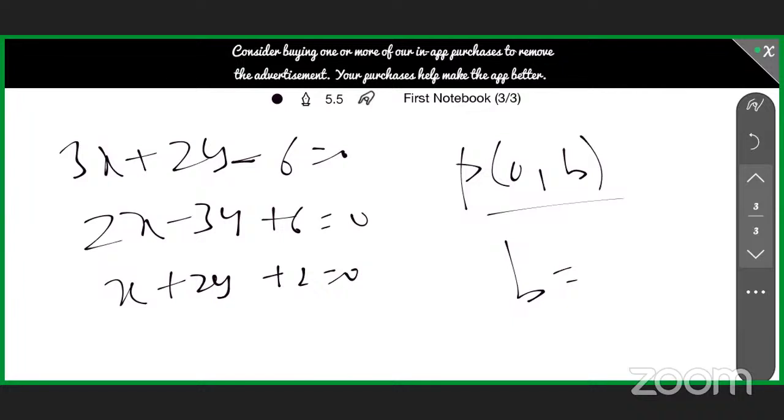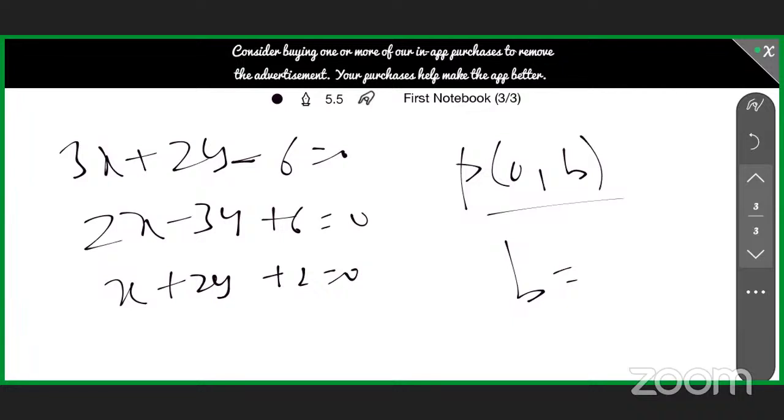One point P (0, B), but it's on the y-axis. So what values can it take? Means the range of B will be how much? So it will lie either on the triangle or inside the triangle.